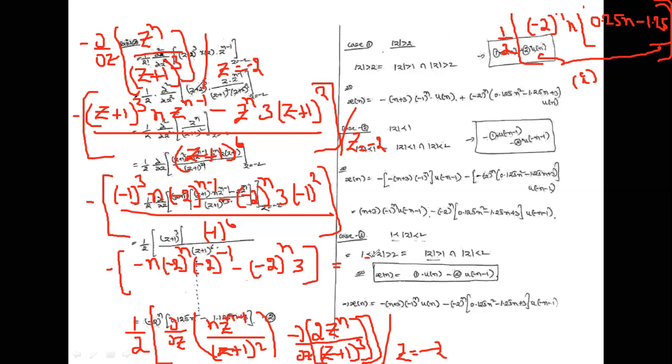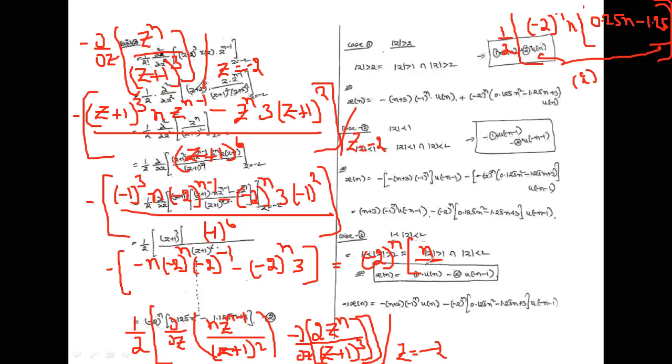So take (minus 2) whole power n as a common factor. It has the n term, n by (minus 2) whole power minus 1.